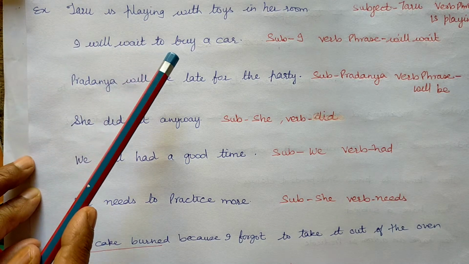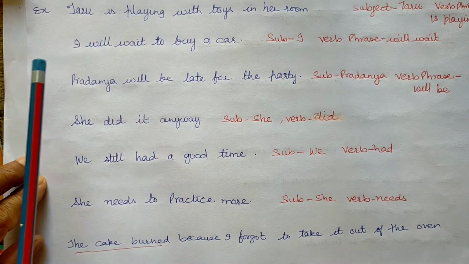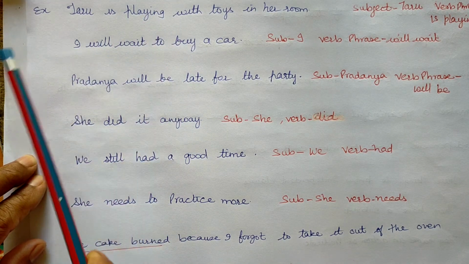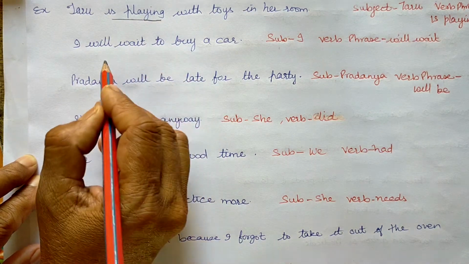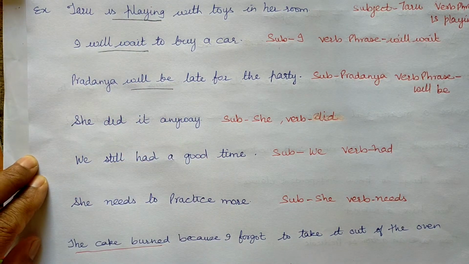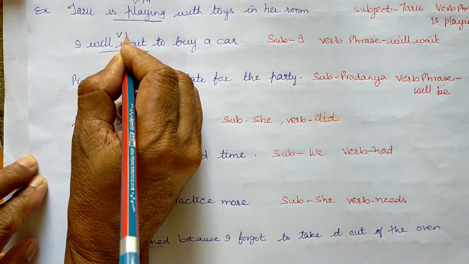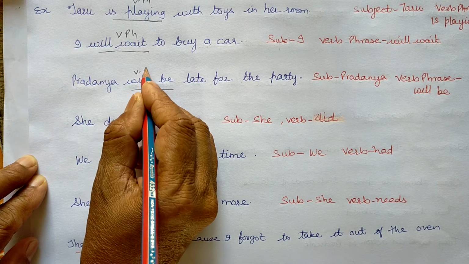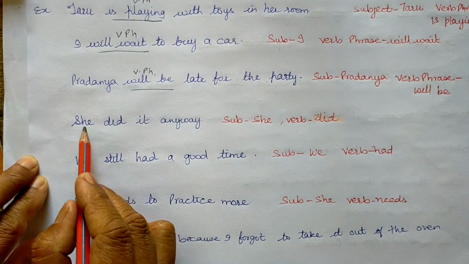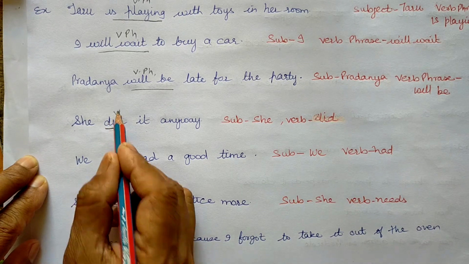And the verb phrases or verbs are is playing, will wait, will be. All these are verb phrases. And in she did it, she is the subject and did is the verb.